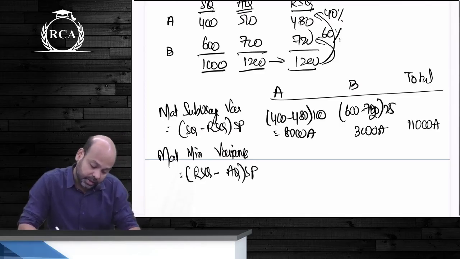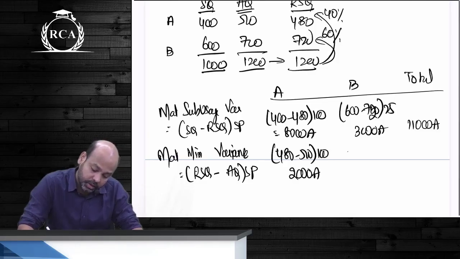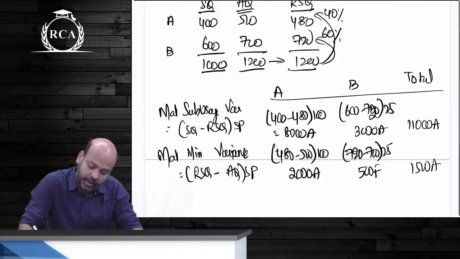What is the revised standard quantity? 480, guys, minus 500 into 100, 2,000 adverse. Here, 720 minus 700 multiplied by 25, this will be 500 favorable, put together 1,500 adverse.